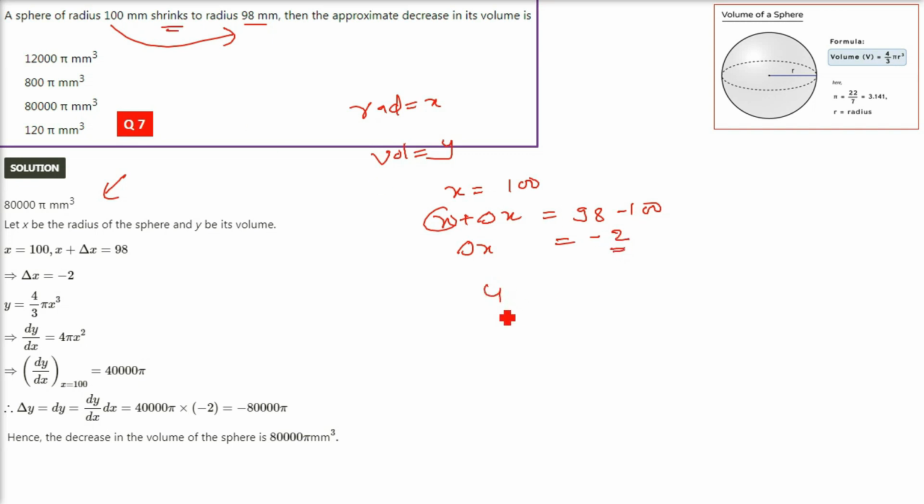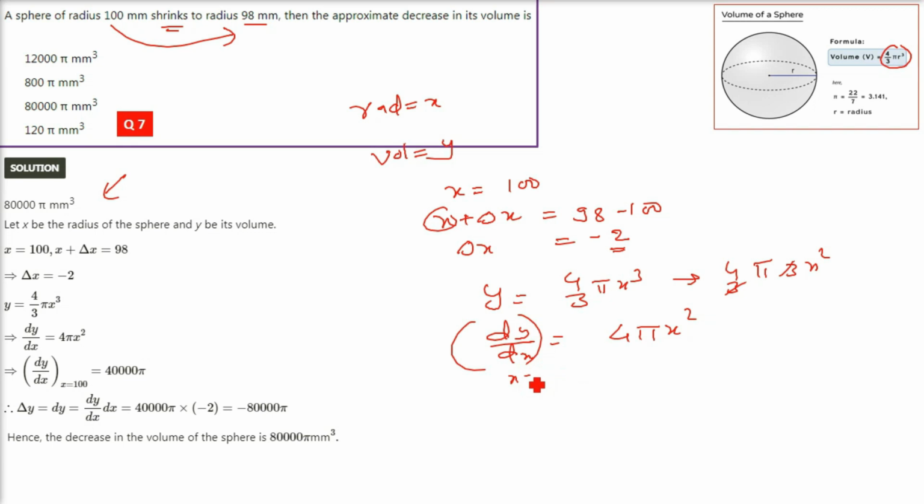Then we have y. As we said, y will be taken as the volume, that is 4 by 3 pi r cube, and the radius we have taken as x, so 4 by 3 pi x cube. dy by dx is the differentiation of this: 4 by 3 pi 3 x square, the 3 gets cancelled, so you have 4 pi x square. Now we have to find the value of dy by dx at x equals 100.